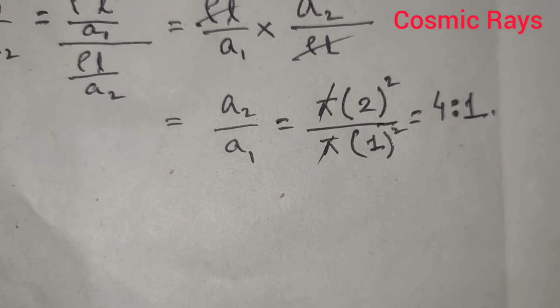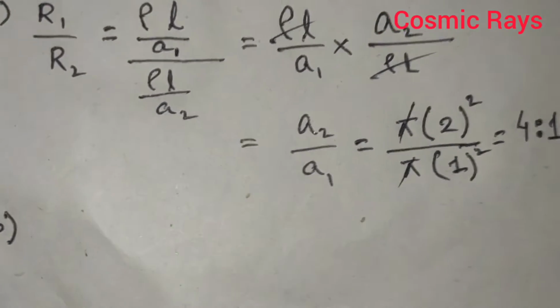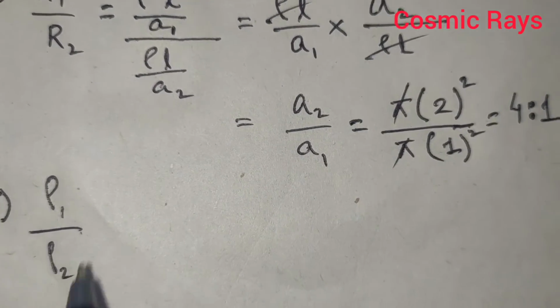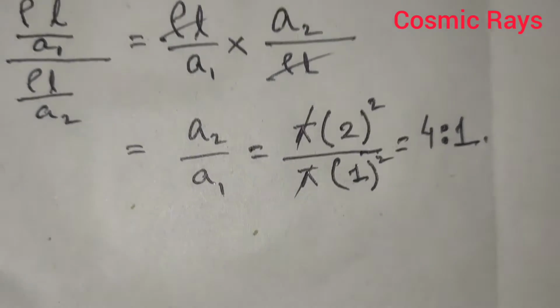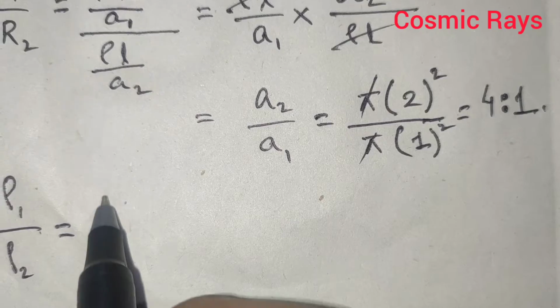Now the second part of the question says we have to compare the specific resistances of the two wires, that is the value of rho. So here rho 1 by rho 2 is equal to, we'll write R1 here.